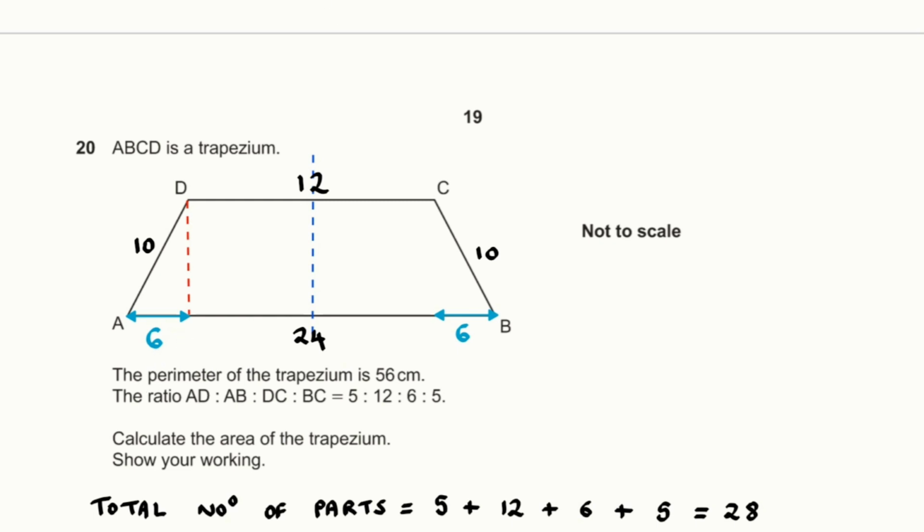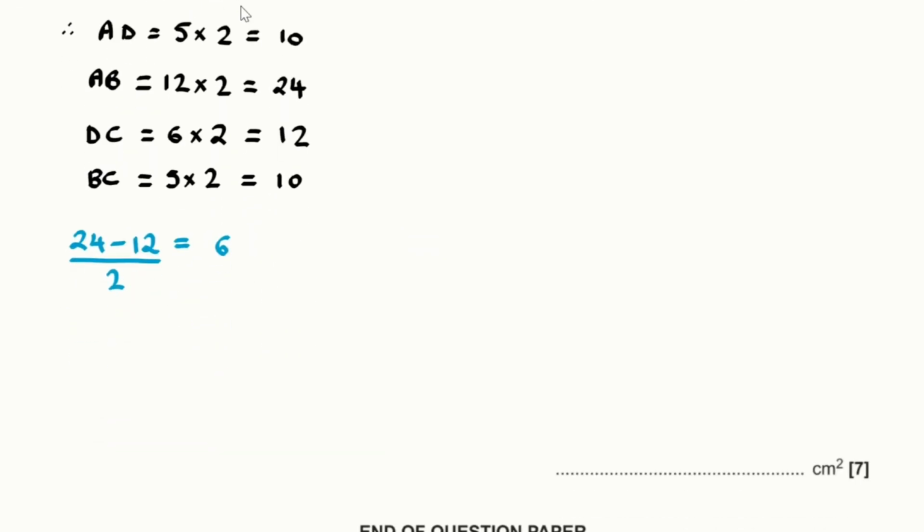And through Pythagoras, this height is 10 squared take away 6 squared, and of course this needs square rooting.